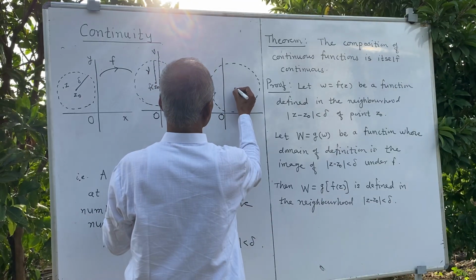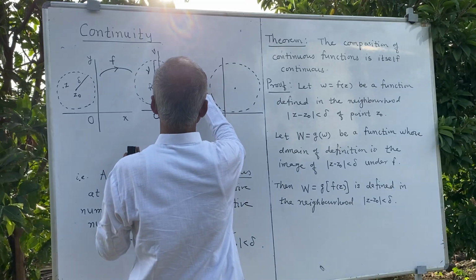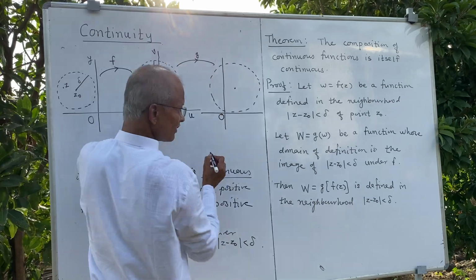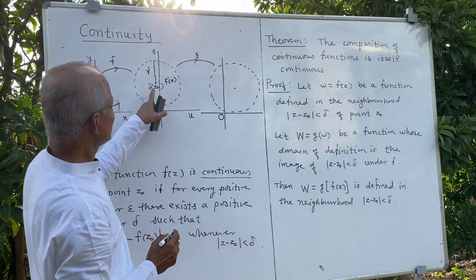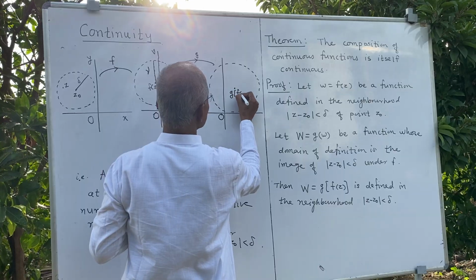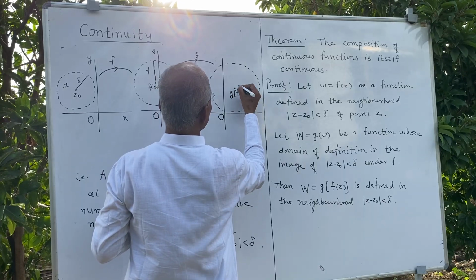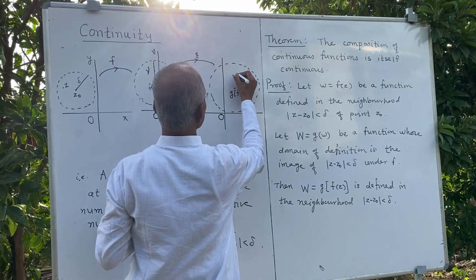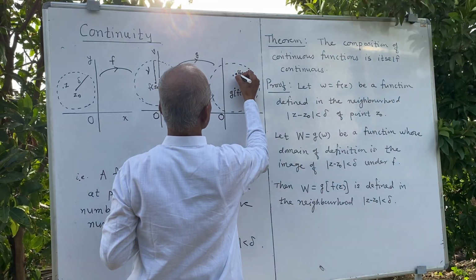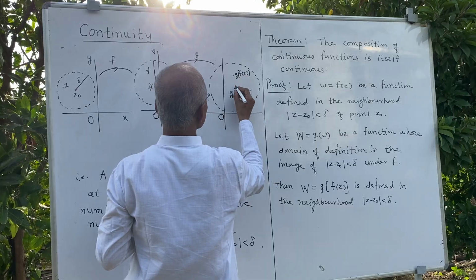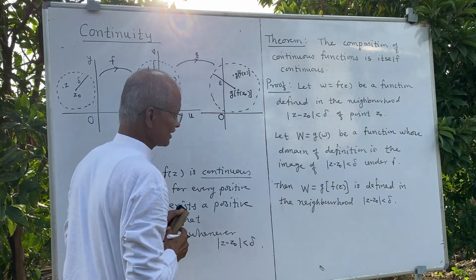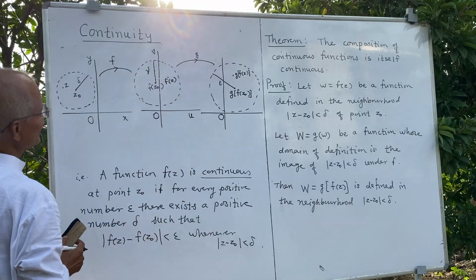This is the center point, and it is the G mapping. It maps the point f of z naught to G of f of z naught, and a general point will be G of f of z, within the epsilon neighborhood that we are considering. These are the images we have.